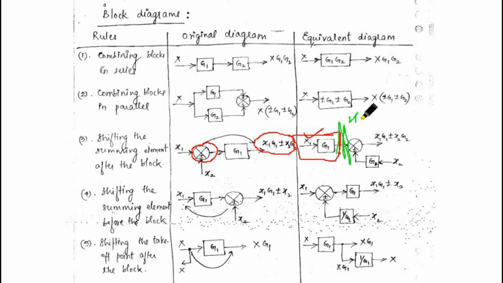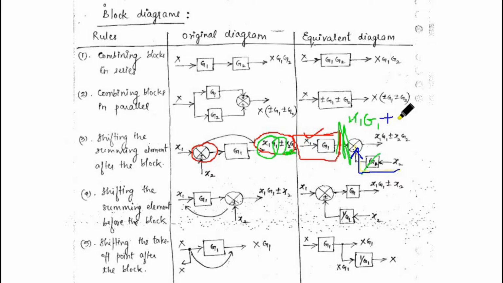What is your output here? x1 into G1, as in the previous case. Now you have to add plus or minus x2 into G2. If I neglect the G2 block, what is your output here? Simply x2, right?